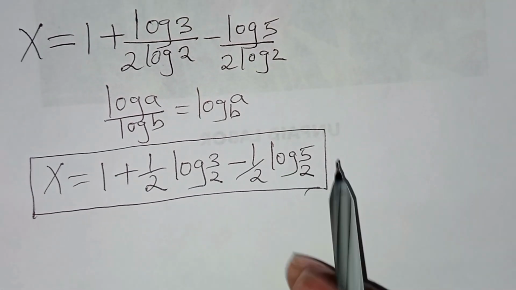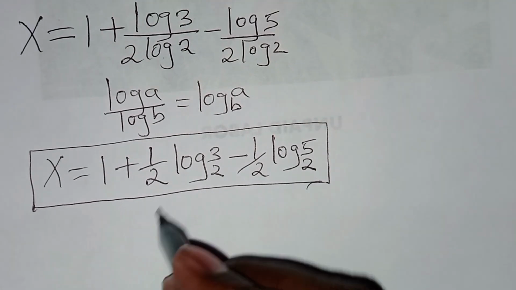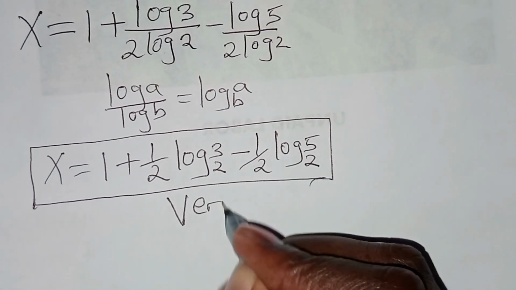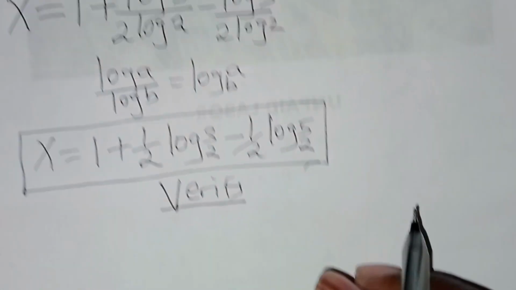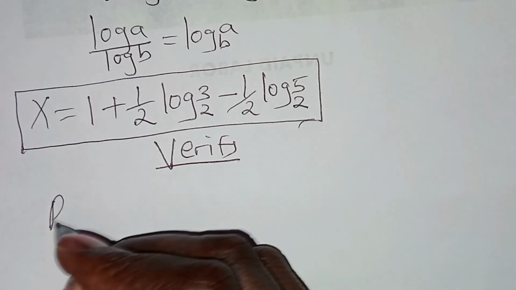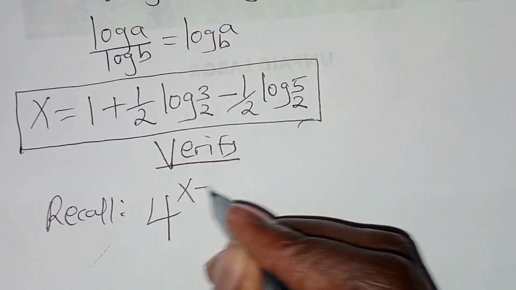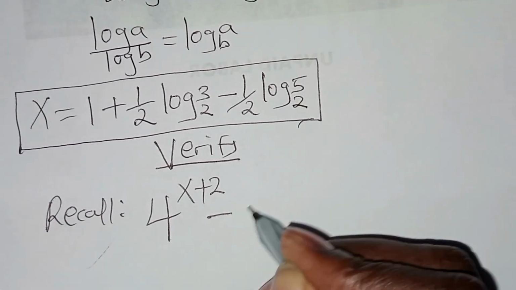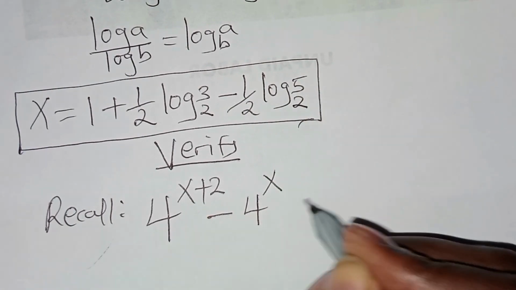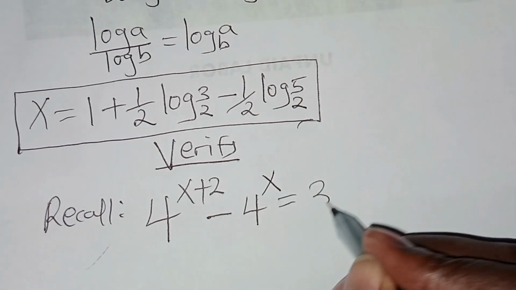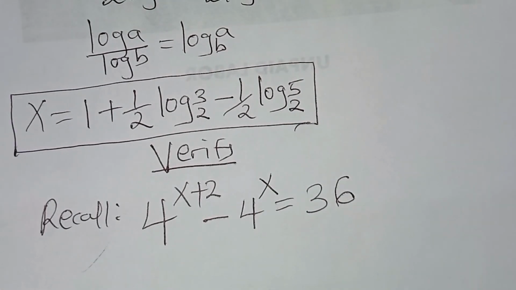So let's verify that this value of x satisfies the equation. If you recall, we have that 4 to power x plus 2, subtract 4 to power x, is equal to 36.